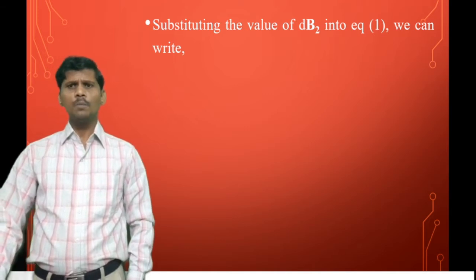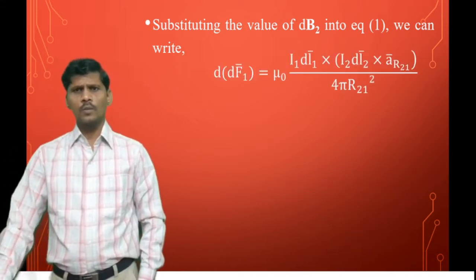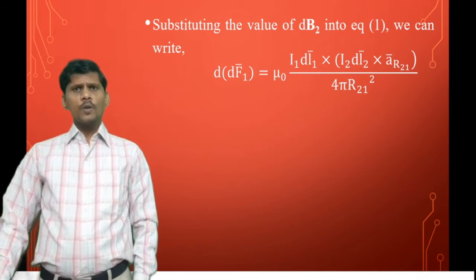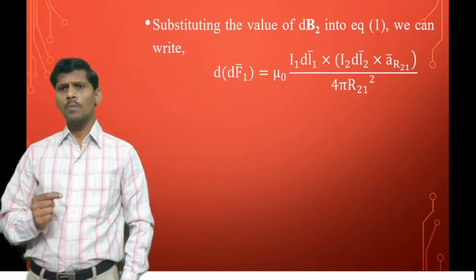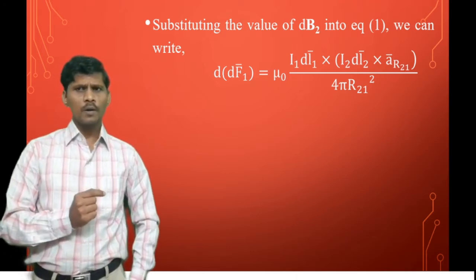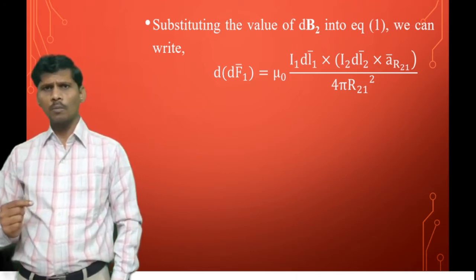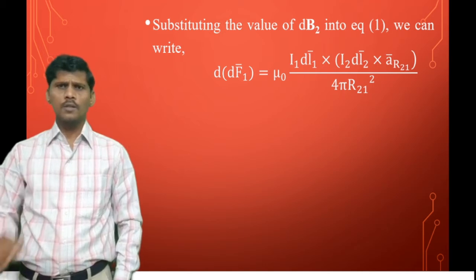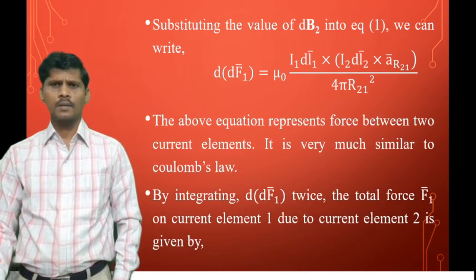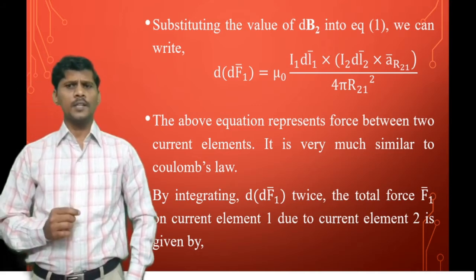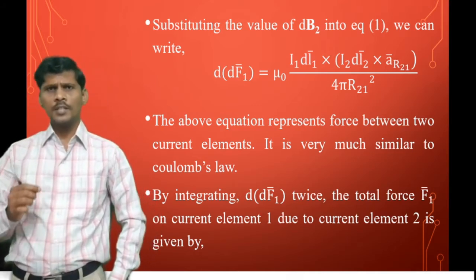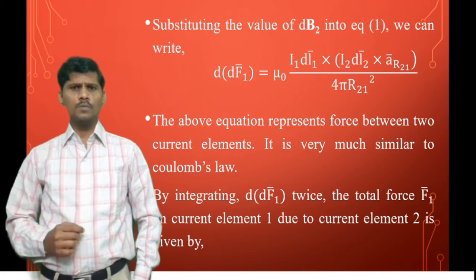Substituting this dB2 bar value into equation 1, we get dF1 bar equal to mu naught into I1 dl1 bar cross I2 dl2 bar cross aR21 bar by 4 pi R21 square. This equation represents the force between two current elements. It is very much similar to Coulomb's law.